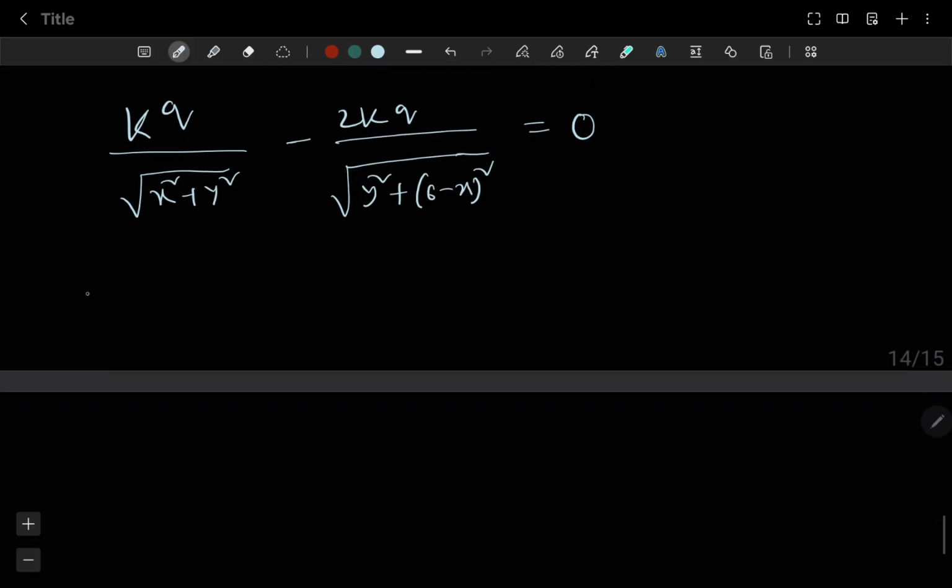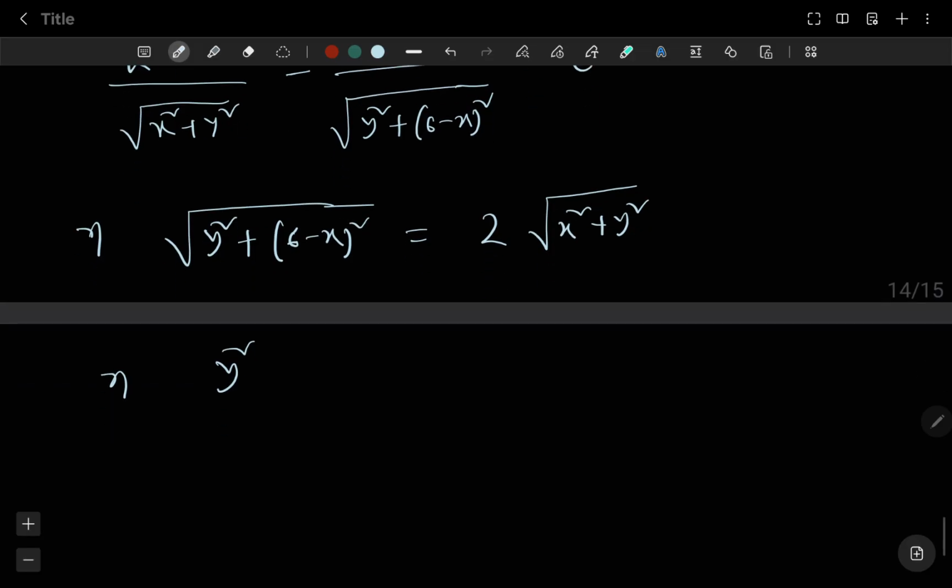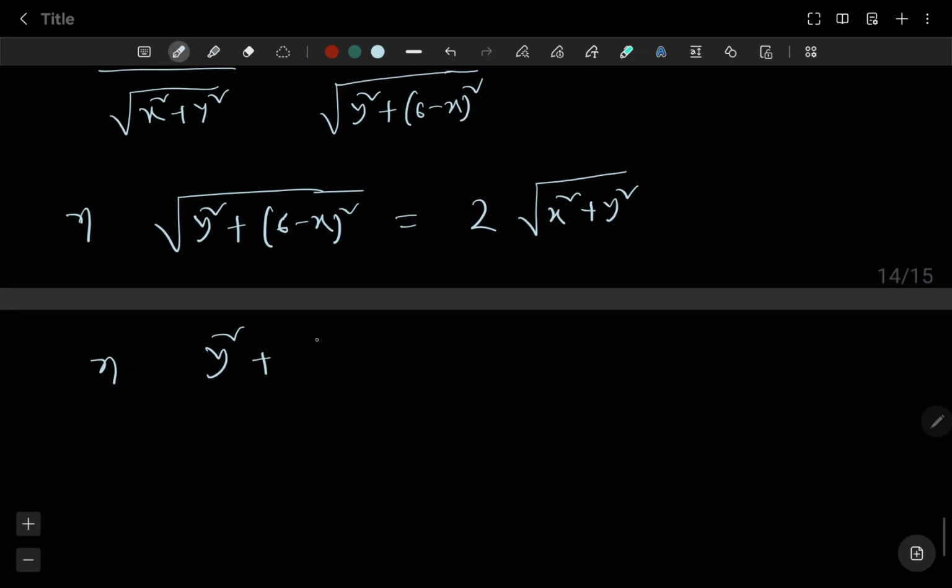So kq is gone. Root over y square plus 6 minus x whole square is 2 root over x square plus y square. So we get y square plus 6 minus x whole square equals 4x square plus 4y square.